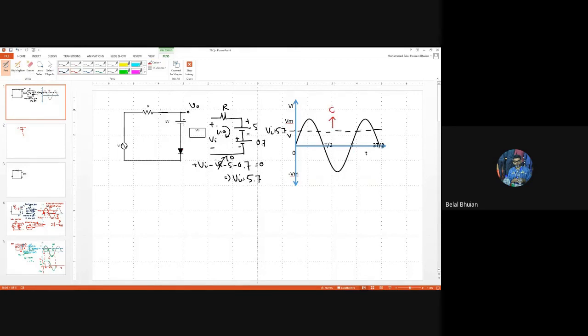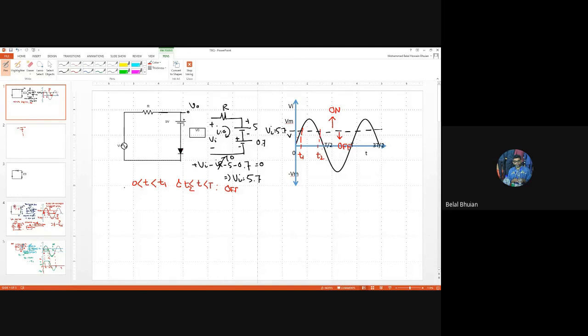So above this the diode is on and below it the diode is off, because the diode is in the clockwise direction. So I can mathematically write: for t greater than 0 and less than T1, and for t greater than T2 and less than T, the diode is off, because all the values of the signal are below the dotted line.